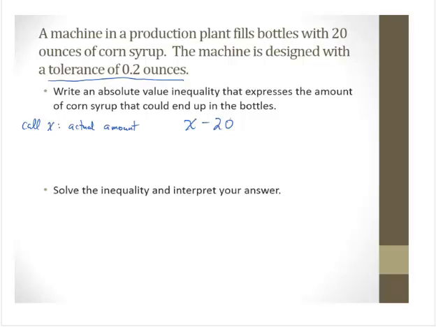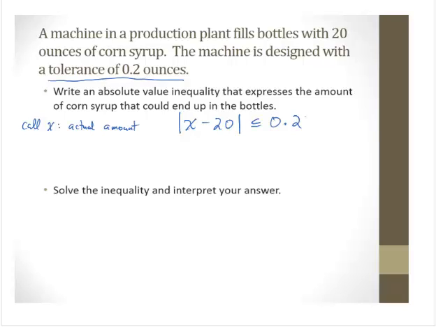That's what the tolerance is. Okay, but wait a second. It could be greater than 0 or less than 0. So what we do is we put an absolute value, and we say that under absolute value, that tolerance is 0.2. All right, so the absolute value of x minus 20 is less than or equal to 0.2.